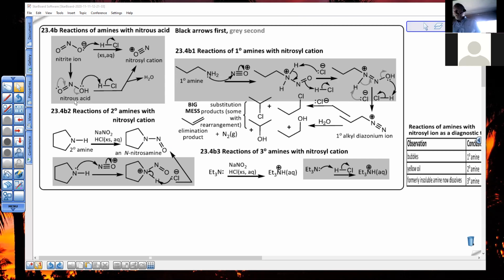And then a dehydration reaction happens if you protonate the OH to make it a better leaving group. Then the oxygen lone pair can kick it off, generating a nitrosyl cation. Nitrosyl cations are strong aminophiles.